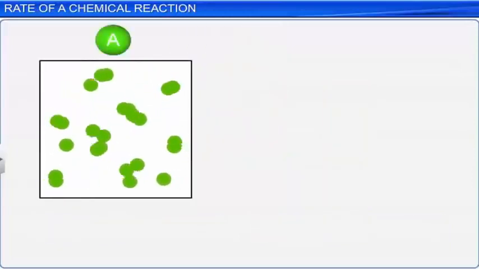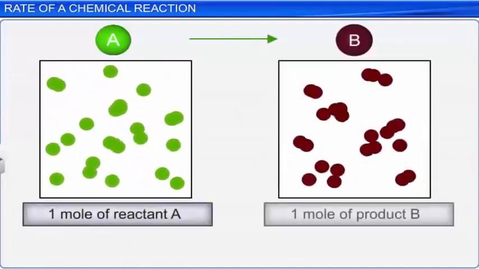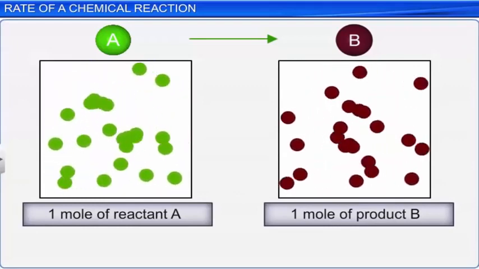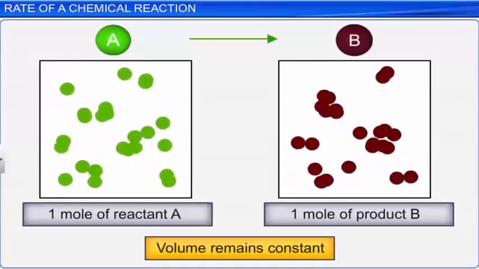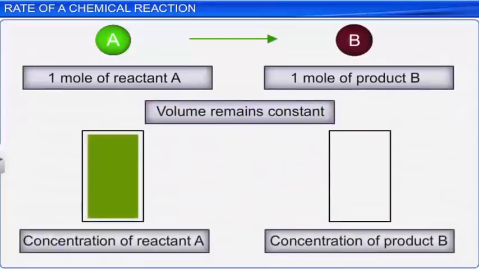Consider a simple reaction in which 1 mole of a reactant A produces 1 mole of product B. Let us assume that the volume of the system remains constant. Initially, at the beginning of a reaction, the concentration of reactant A is maximum, while the concentration of product B is 0.